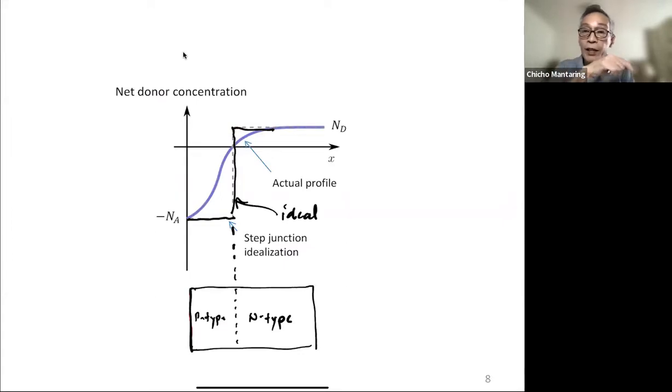And it can be shown later on, although we're not really going to show it, through various references, that when we analyze assuming this profile, it's not too far from reality. That is, if this had been the profile, the results are very close to each other. Okay, so this is now what we call our PN junction.